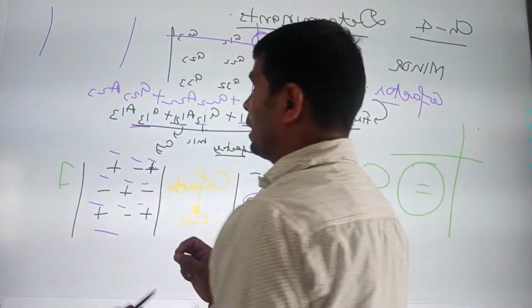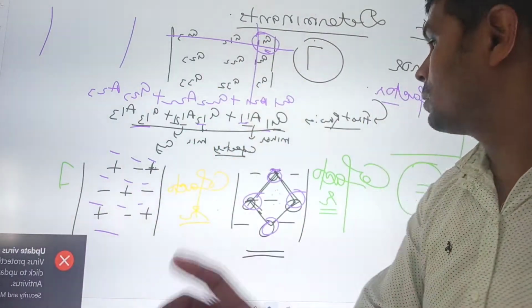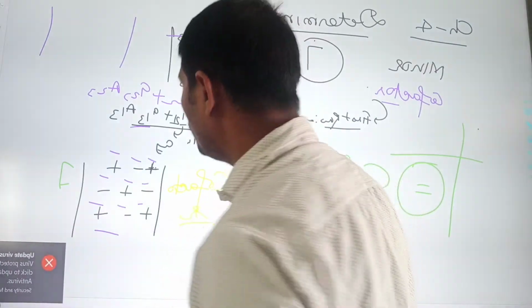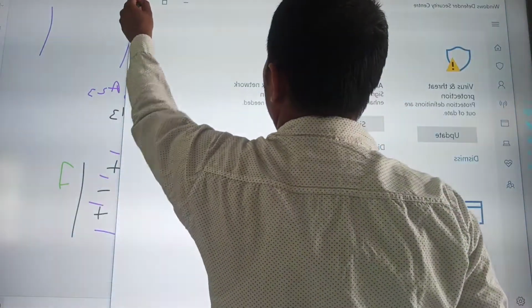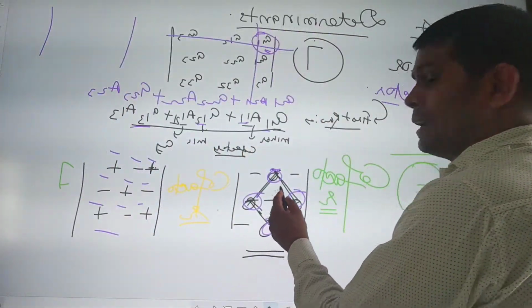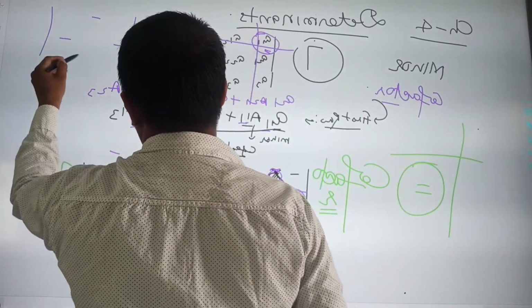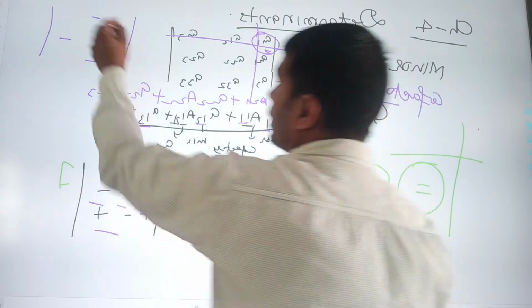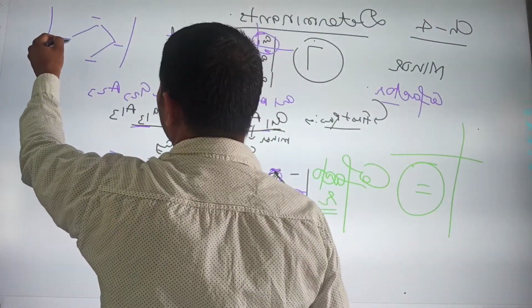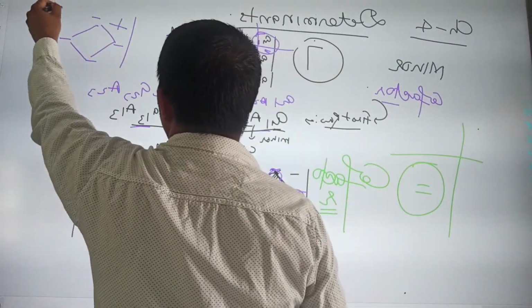Then the simplest method is that you put the signs like this: the four corners get the negative sign here.